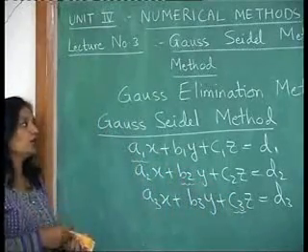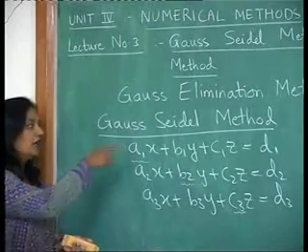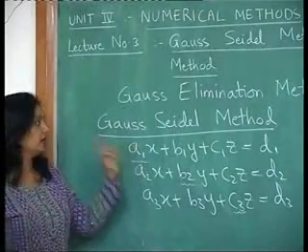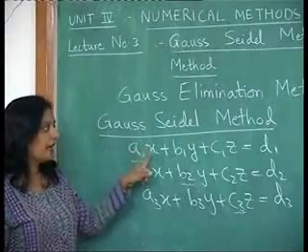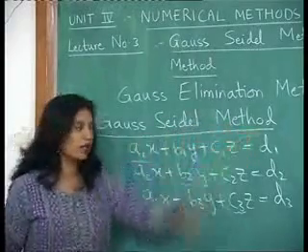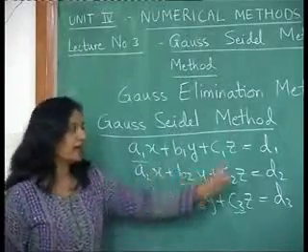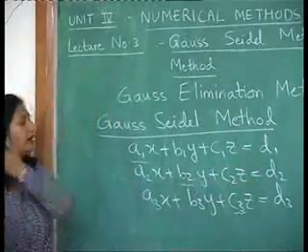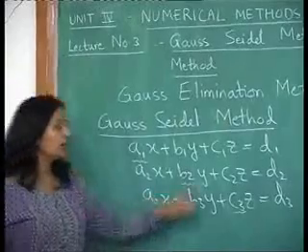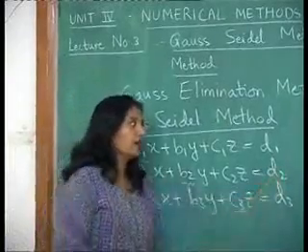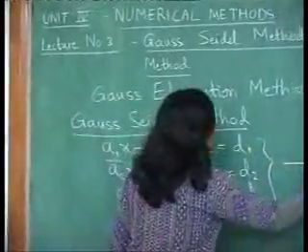Okay. Now coming to the actual method. I will write the first equation as x in terms of everything else. In the second equation, I will keep only y this side, transfer everything else to the right hand side. And in the third equation, I will keep only z over here and transfer everything else to the right hand side.